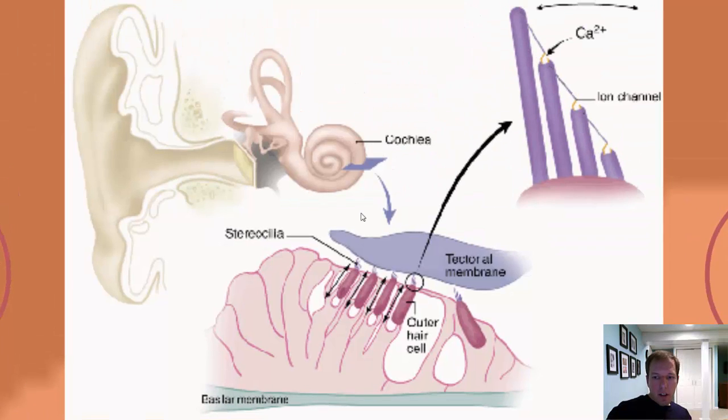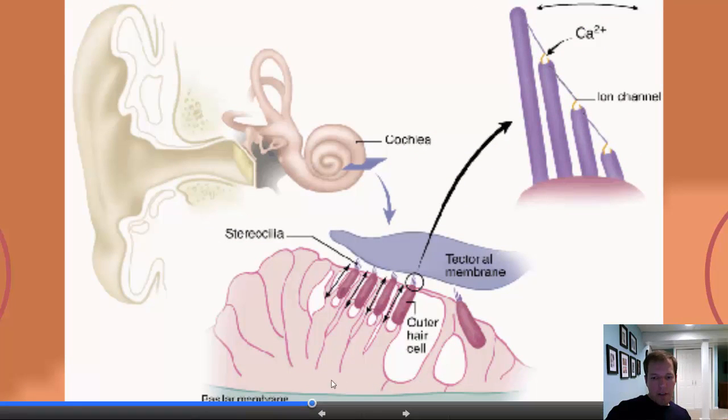So, as you can see, if you have that membrane on the bottom vibrating, and you have this part in blue remains stationary, those stereocilia which connect the bottom to the top are going to physically move.